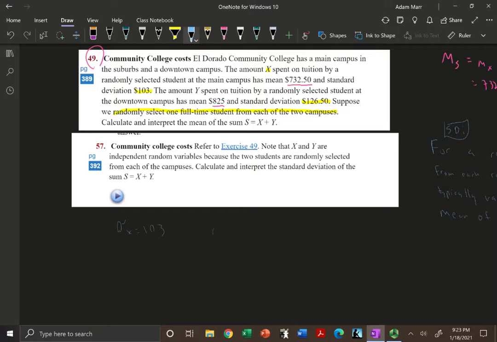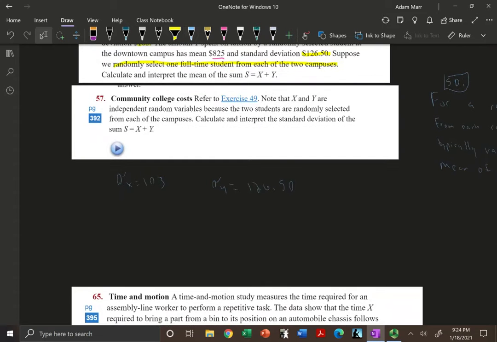And for Y, looks like it is 126.50. All right, great. So remember, how do we figure out the standard deviation? For standard deviation, whether you're adding or subtracting, so the standard deviation of the sum, it doesn't make a difference.